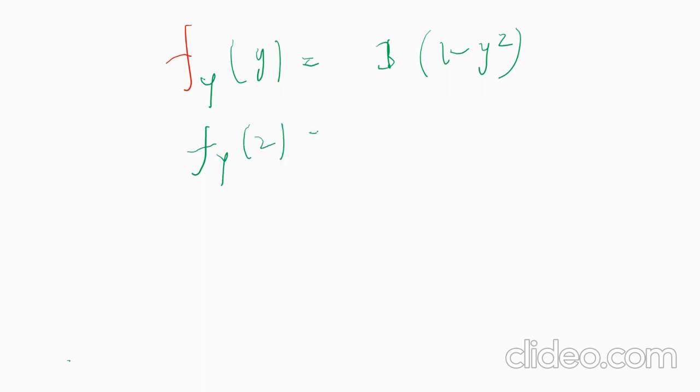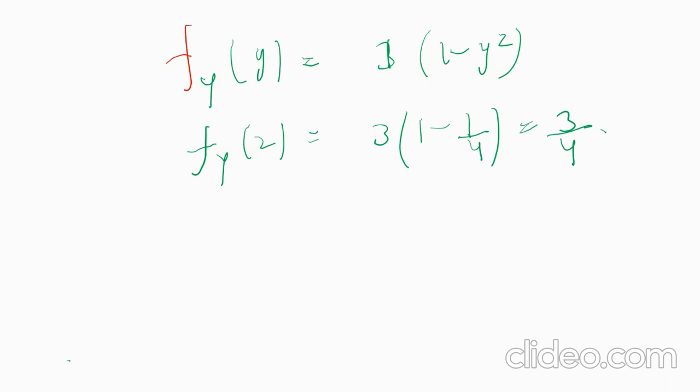So basically, f_Y(y) will be equal to 3(1 - y²). Now f_Y at 1/2 will be equal to 3(1 - 1/4), and that will be 3/4.